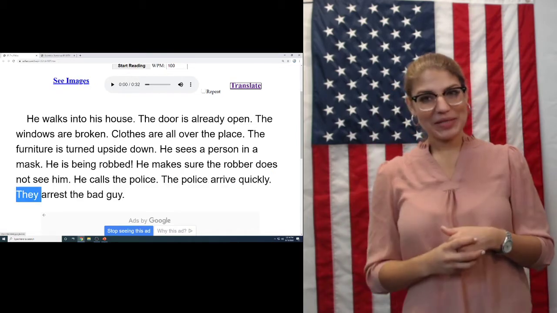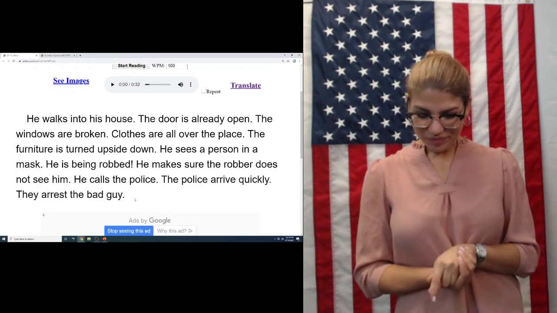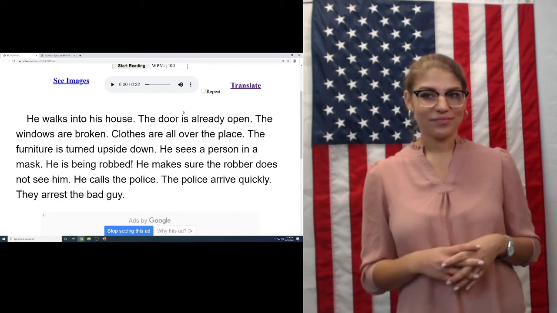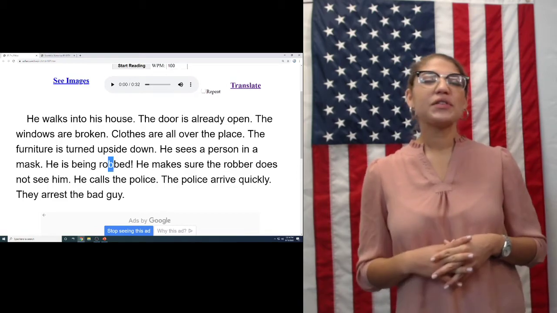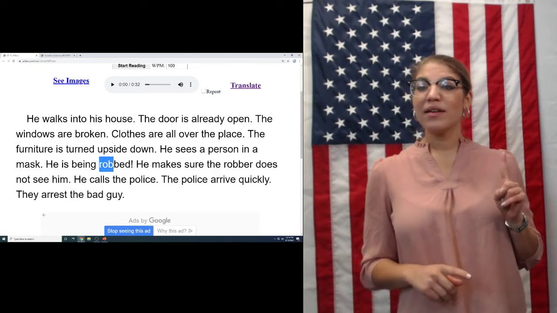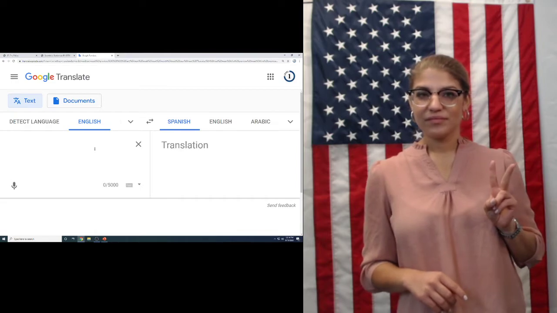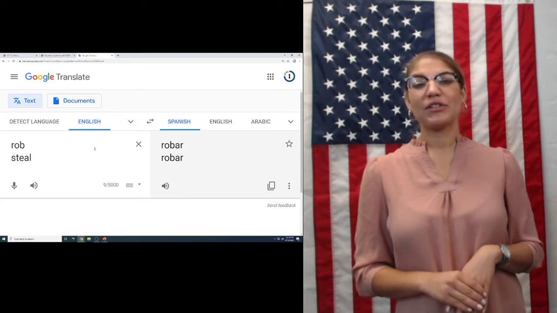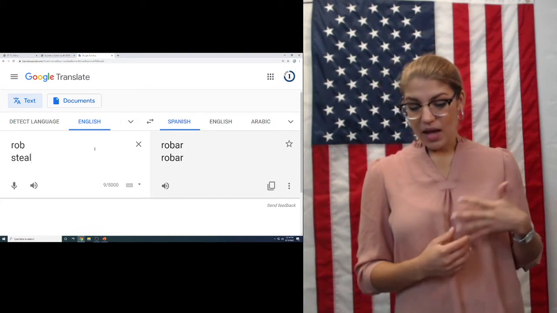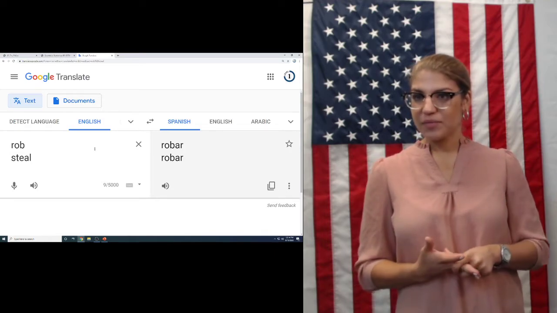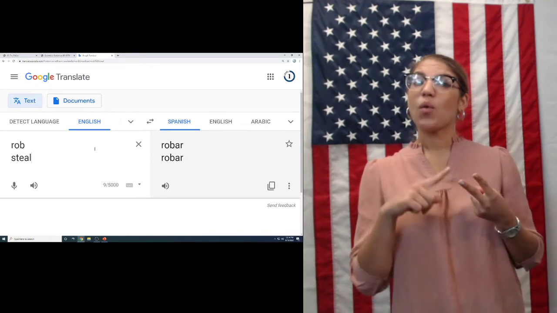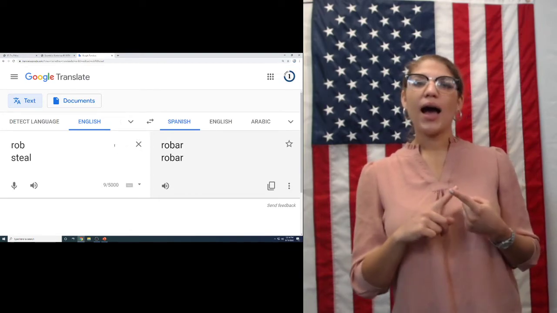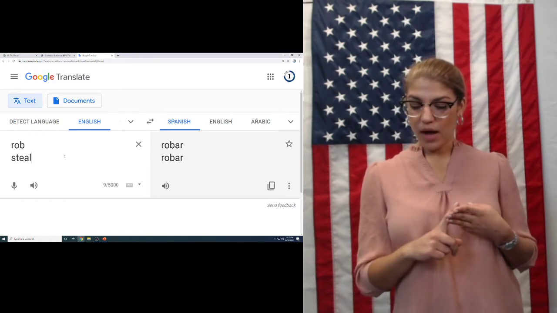All right, this was a nice one. Good proper challenge. Okay, so let's look first at the word rob. In Google Translate, we will look at the word rob and steal. Rob is equal to the word steal. It is a verb. So I can say that he robbed me, or I was robbed.